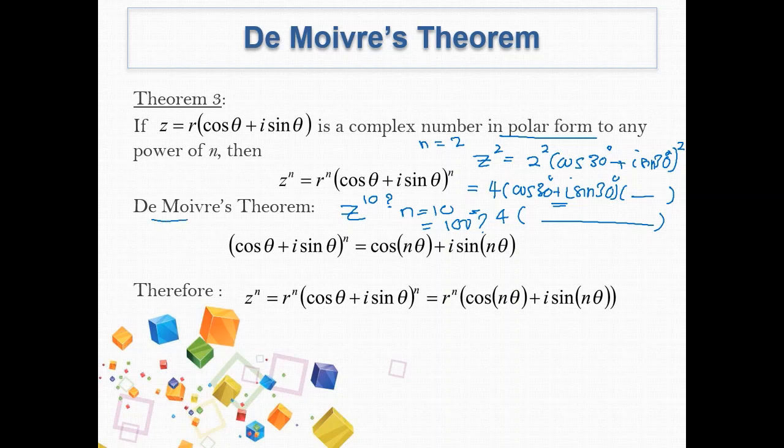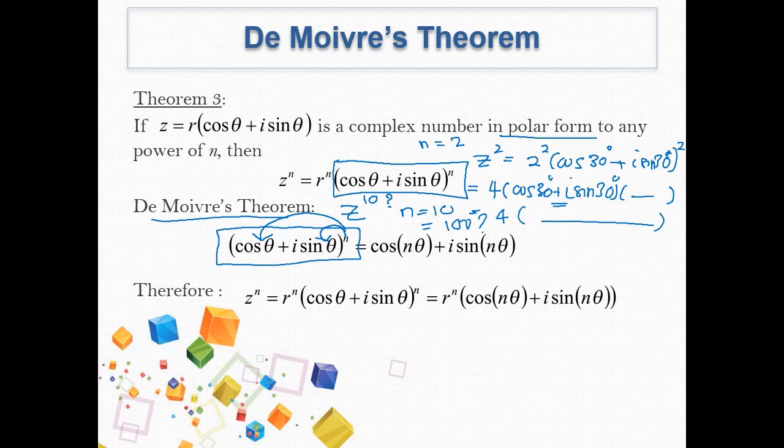The De Moivre theorem says, if your trigonometry identity is to the power of n, that is equivalent to cos of n multiplied by theta, and sine of n multiplied by theta. You apply this n to this theta. That's it, as simple as that.